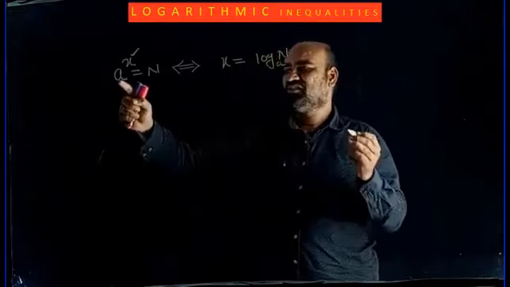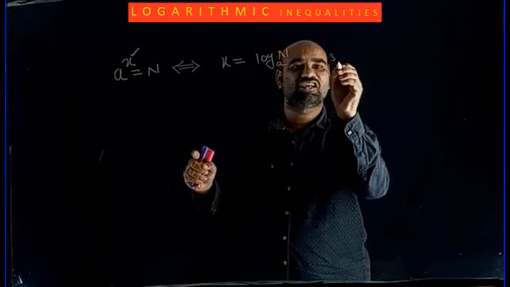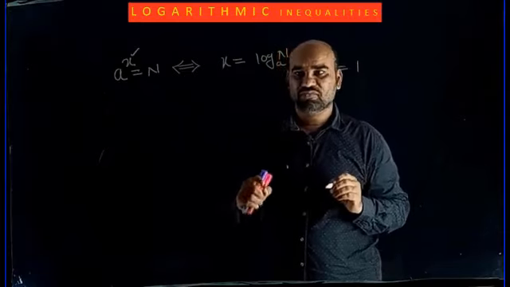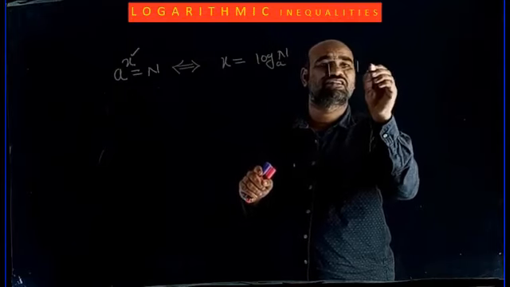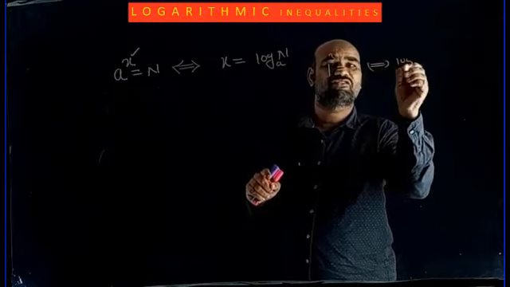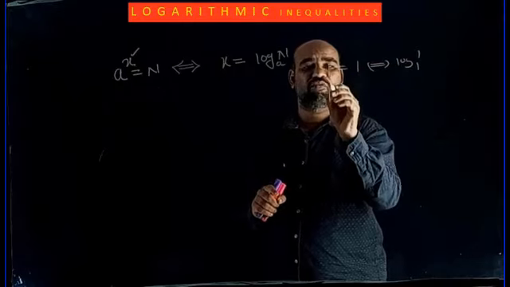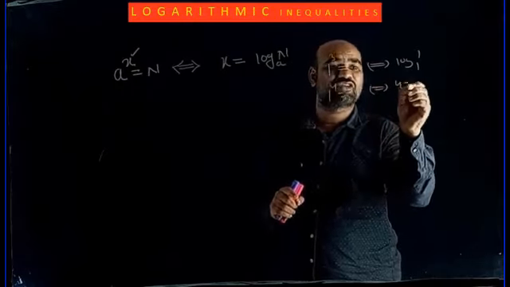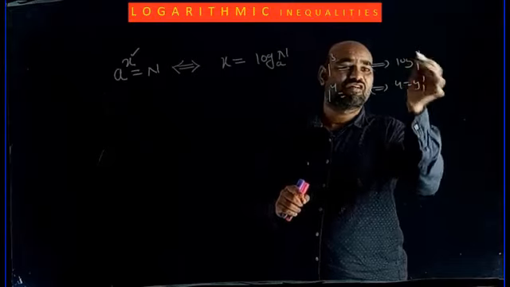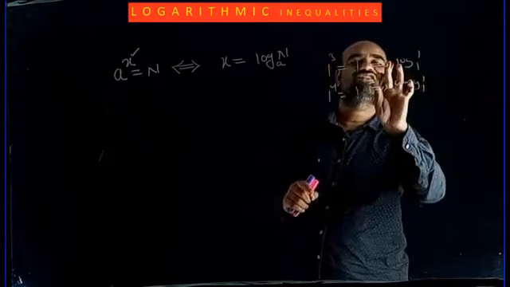See here, 1 power 3 equal to 1. According to this definition, 3 is called logarithm of 1 base 1. 1 power 4 is also 1, so according to the definition, 4 equal to logarithm of 1 base 1.